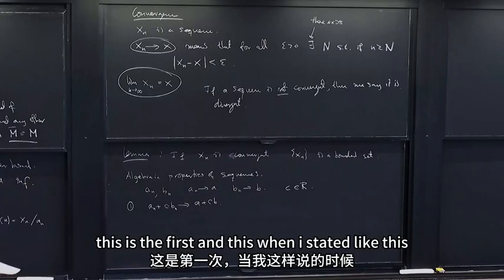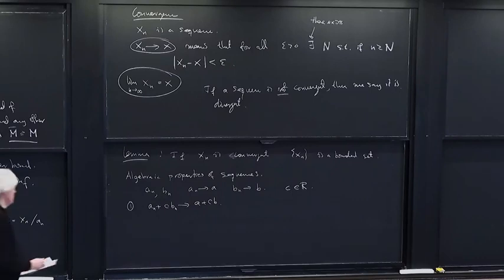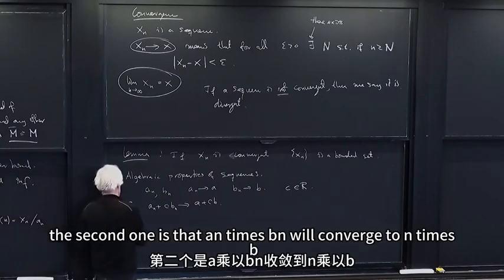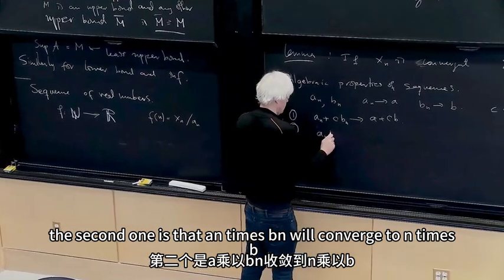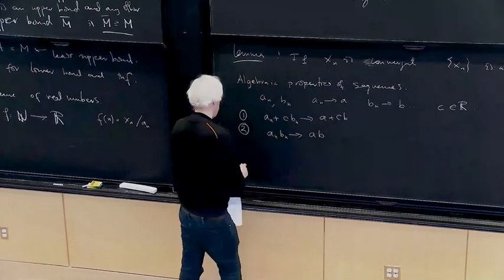This is the first, and when I state it like this, it actually combines two of the properties that we talked about earlier. The second one is that a_n times b_n converges to a times b.